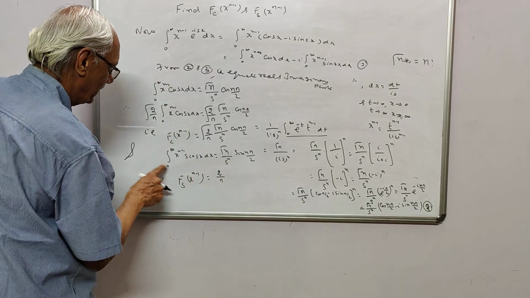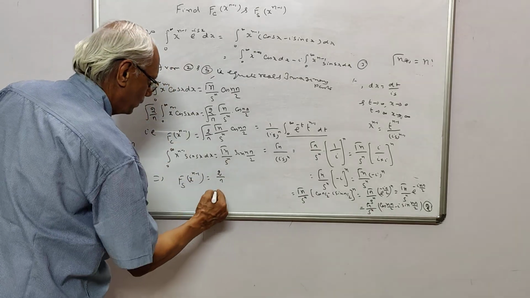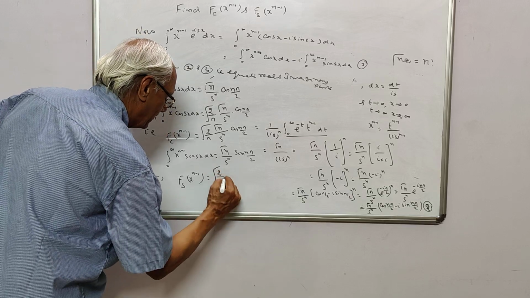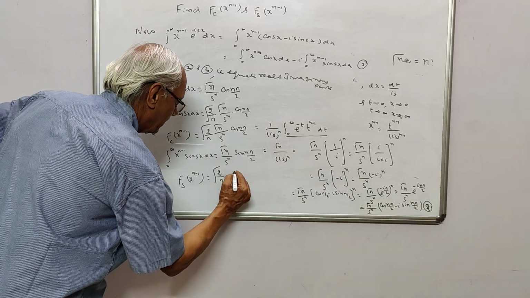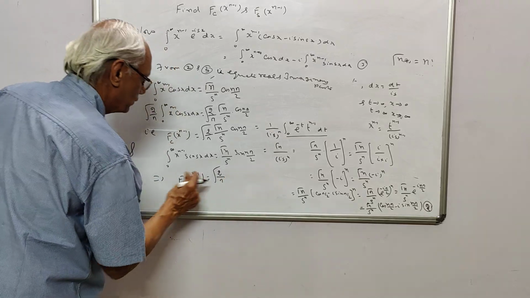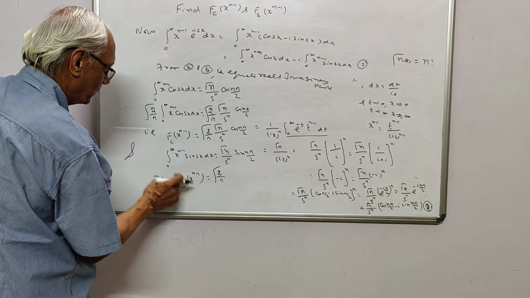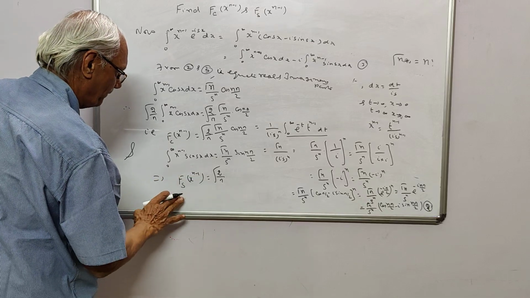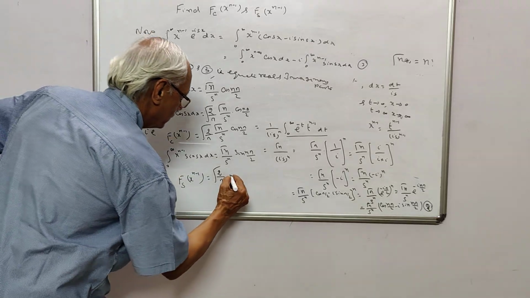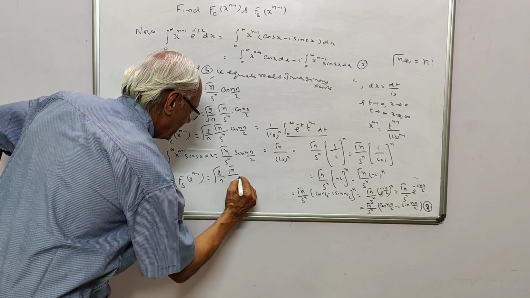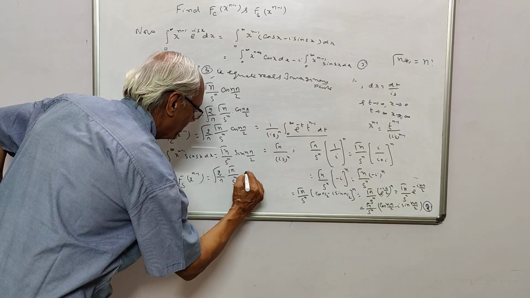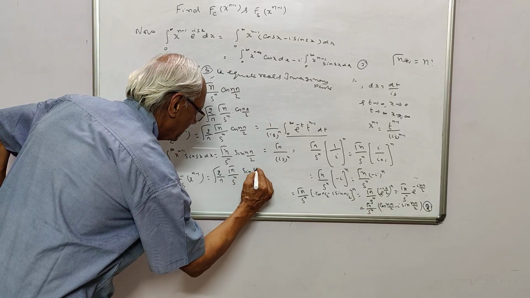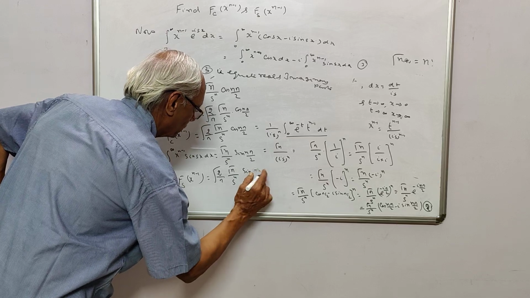Just like that, you have to multiply this by 2 by pi, square root of that. You understand, then only you will get a hand in mathematics. So you understand how I get this. Then you will get Fs of x to the power of n minus 1, which is gamma of n divided by s to the power of n into sine n pi by 2.